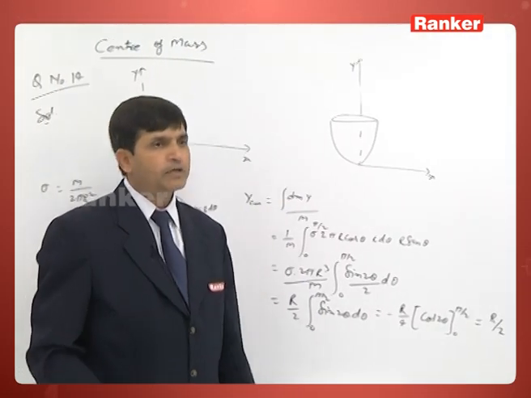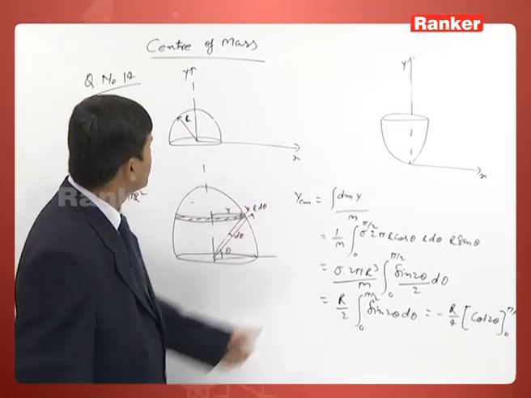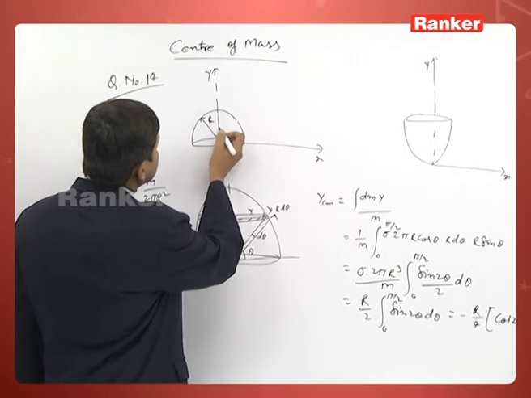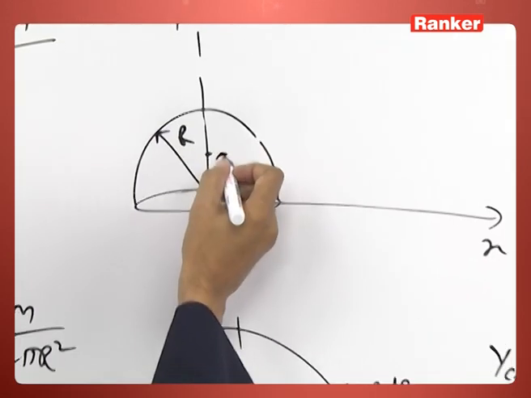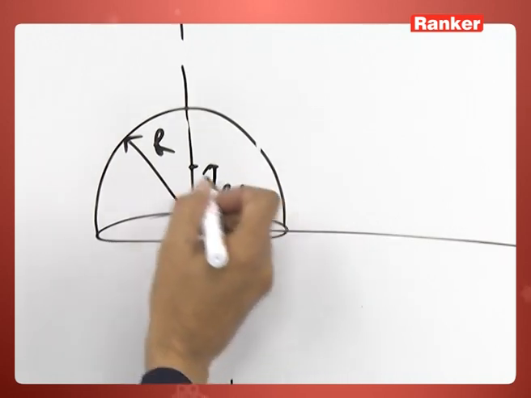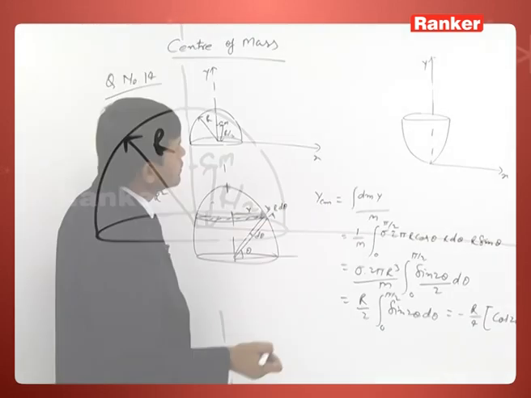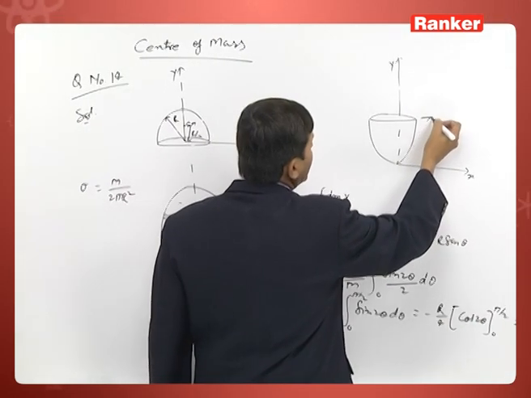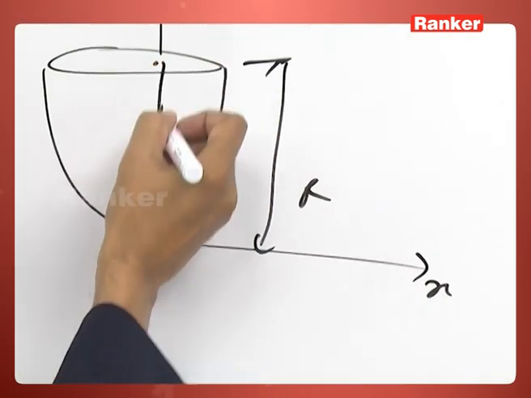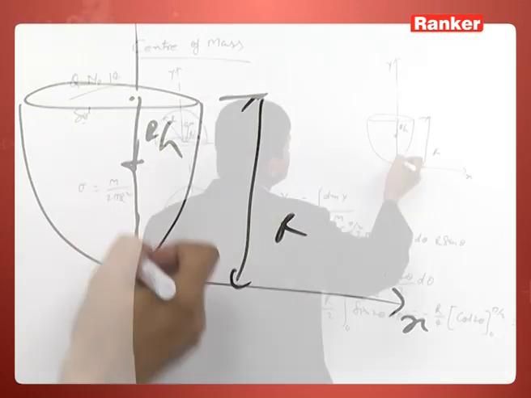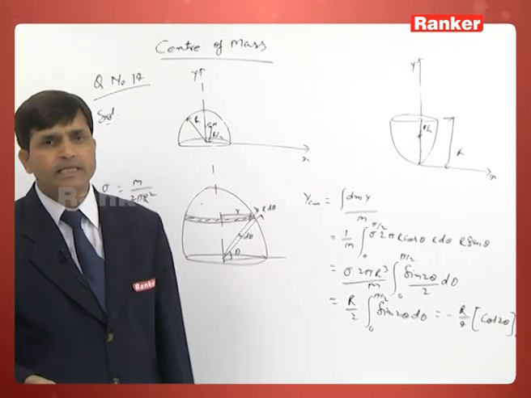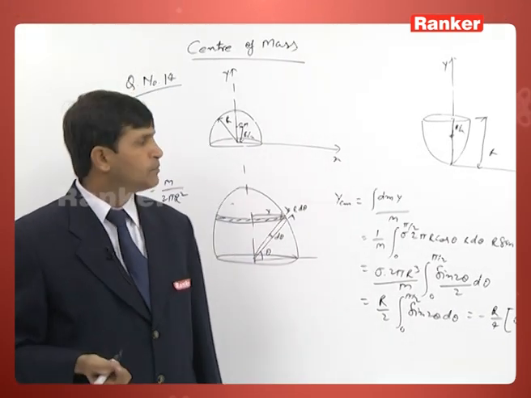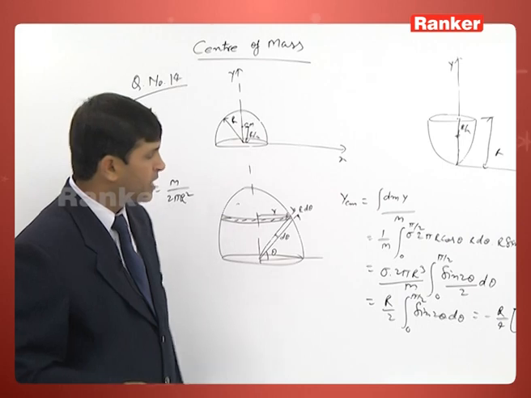So what we found here is that the center of mass of the hemispherical bowl is r by 2. Since the total is r, this is also r by 2. It means there is no change in the position of center of mass.